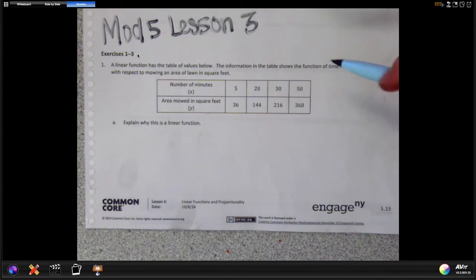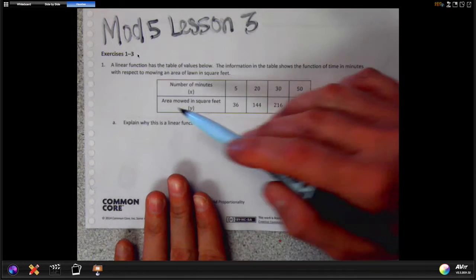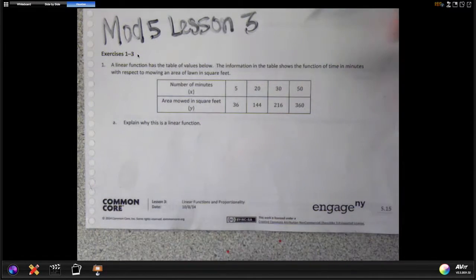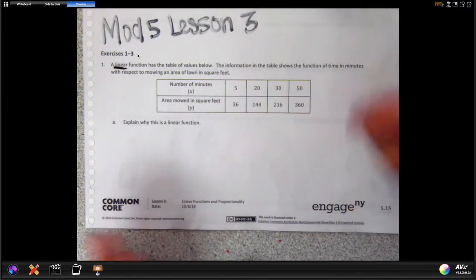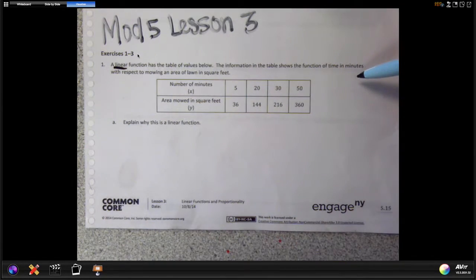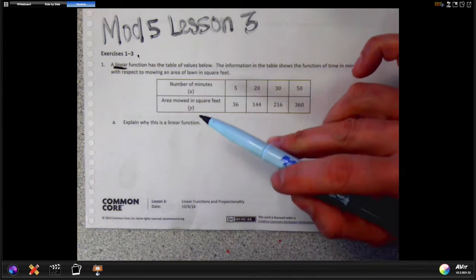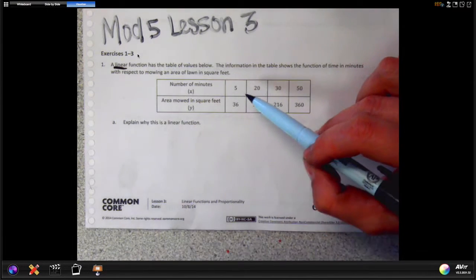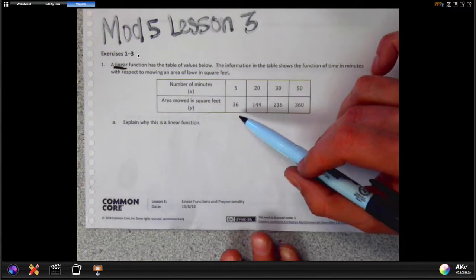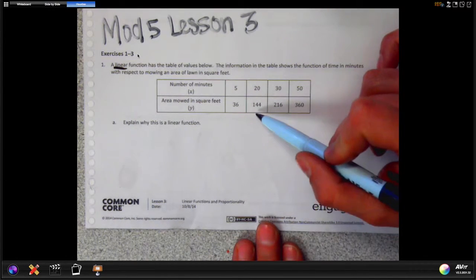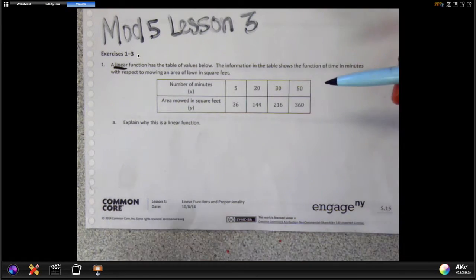Starting with exercise 1, it says a linear function has a table of values below, and it already tells you that this is linear. The information in the table shows the function of time in minutes with respect to mowing an area of lawn in square feet. Before, we were able to notice a pattern in the y values and say, oh, this is linear.